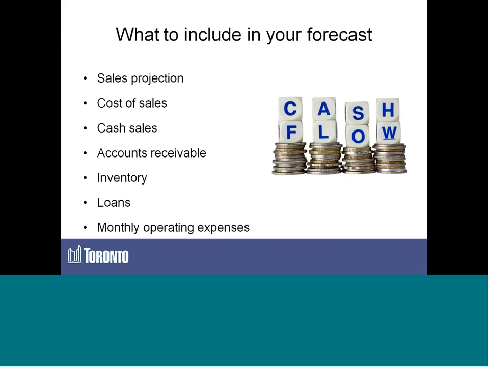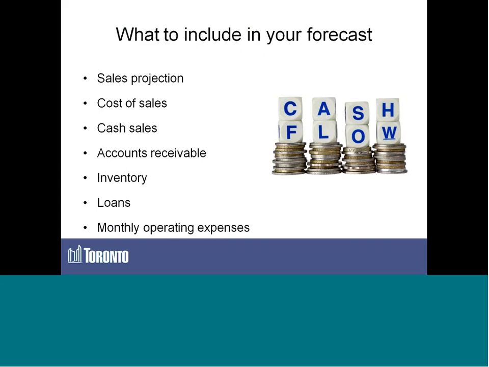Then you want to work on your cost of sales, especially if you're a retailer or a manufacturer. This is an important cost in your business that you need to know. For example, you might calculate that your cost of sales is 50% or 30% or 20%, whatever it is, of your sales, and it's an important outflow of cash, so you need to know what it is.